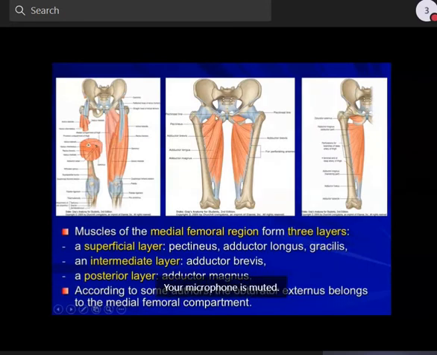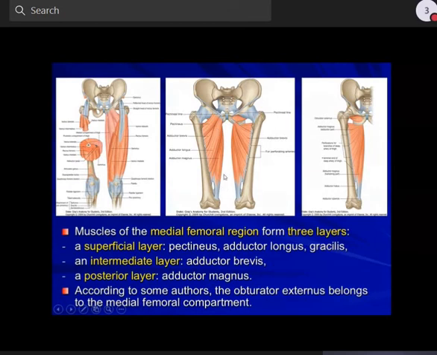So all remaining adductors just flex the hip, and only the ischiocondylar part of the adductor magnus extends the hip.